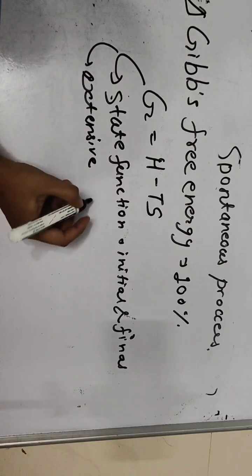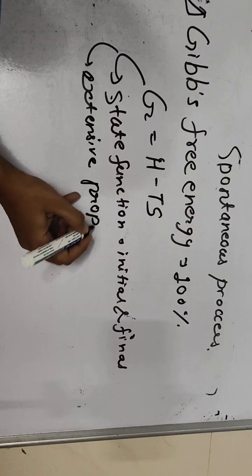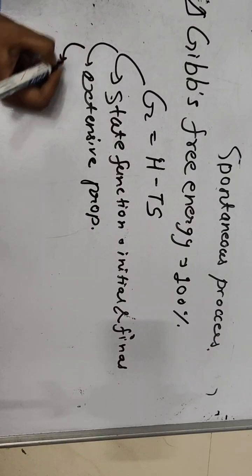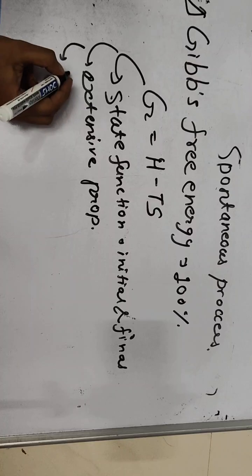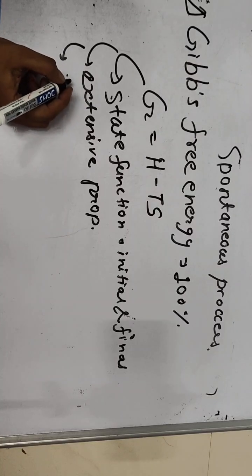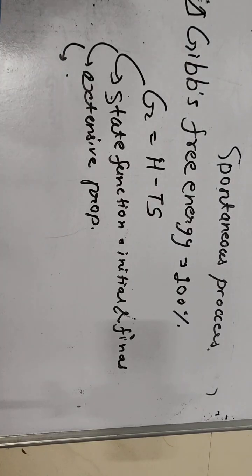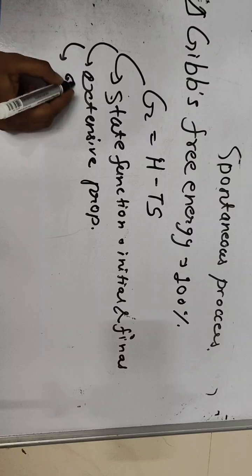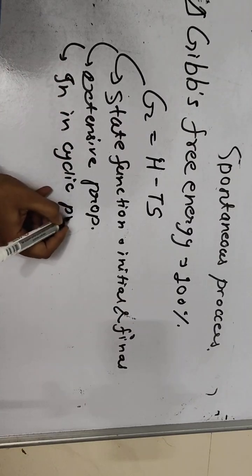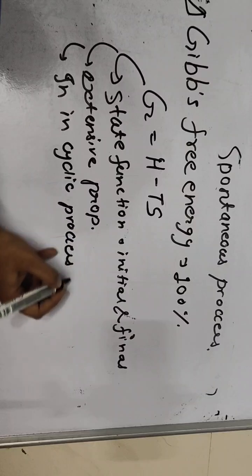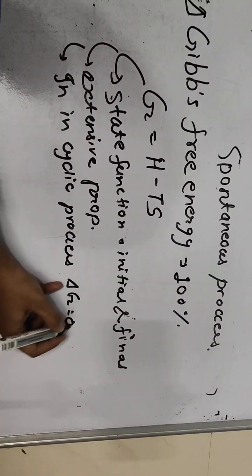So as we know, this is a state function. If we are taking any cyclic process in which the initial and the final state are the same, then in the cyclic process, delta G is basically 0.